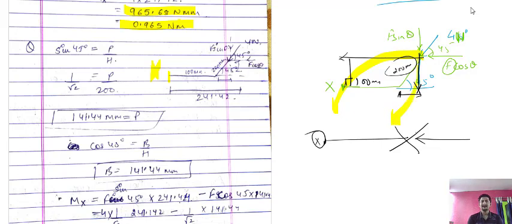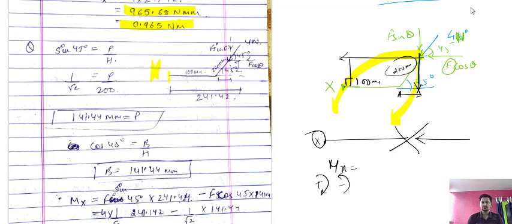So the moment at x will be the summation of the moments. As this is clockwise and this is anti-clockwise, it is up to you whether you take clockwise positive or anti-clockwise positive. Here I am taking clockwise positive and anti-clockwise negative.